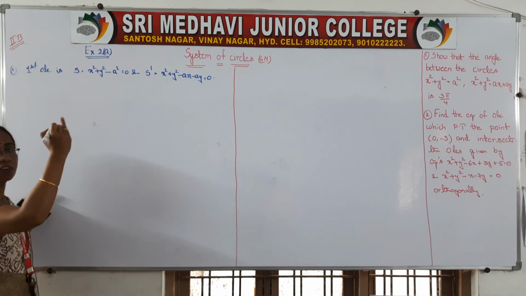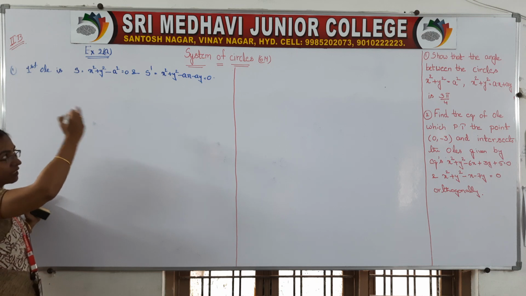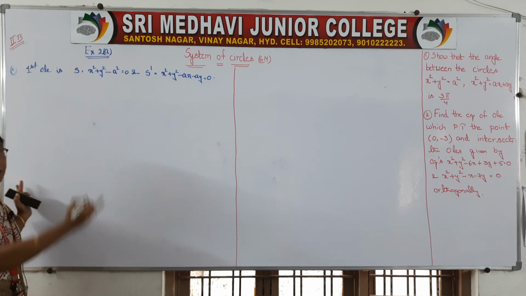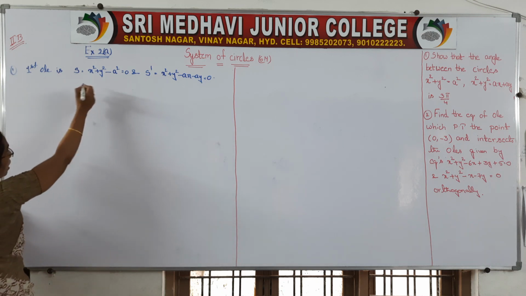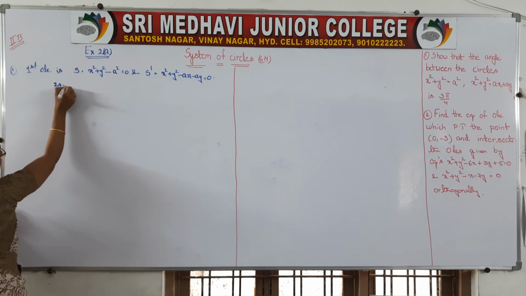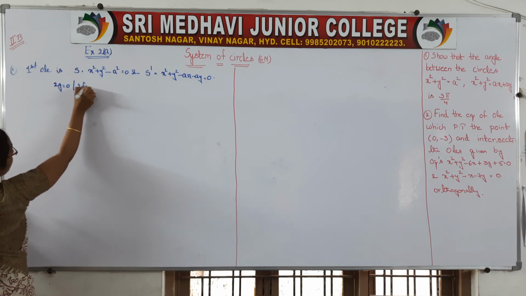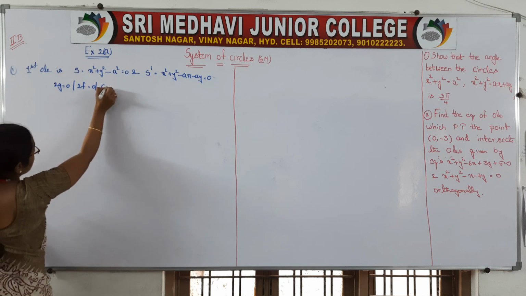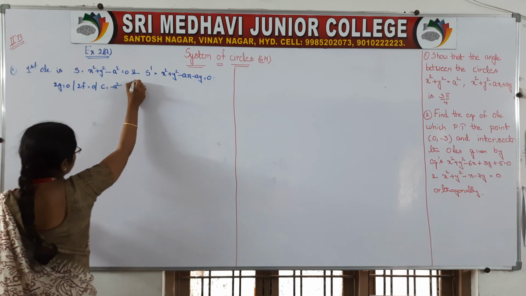So we have to find g, f, c and g dash, f dash, c dash, and substitute in the formula. 2g is equal to 0, 2f is equal to 0, and c is equal to minus a square.